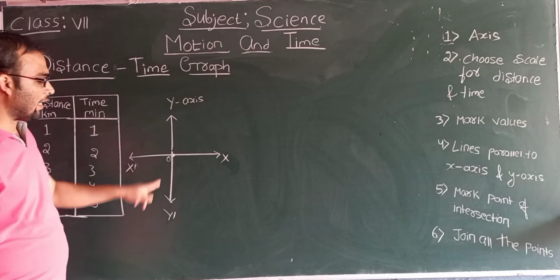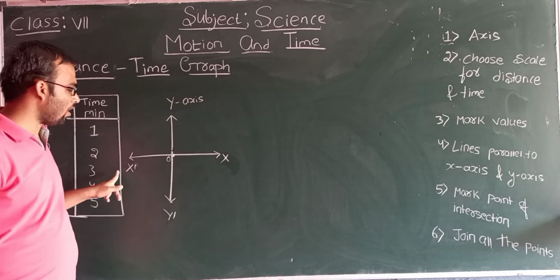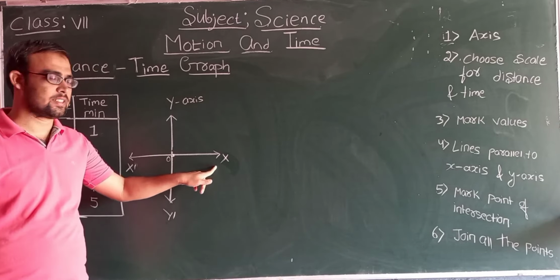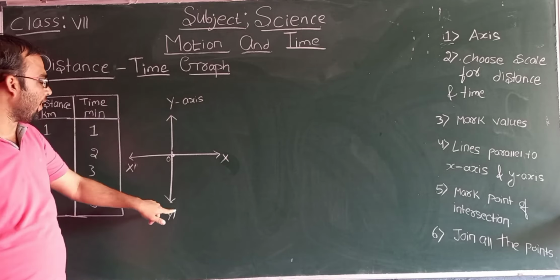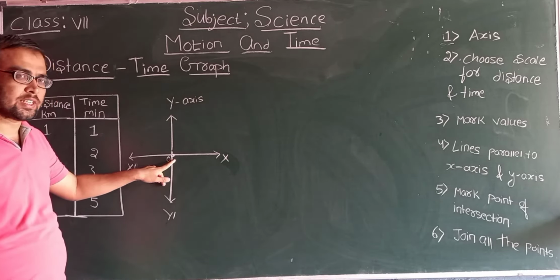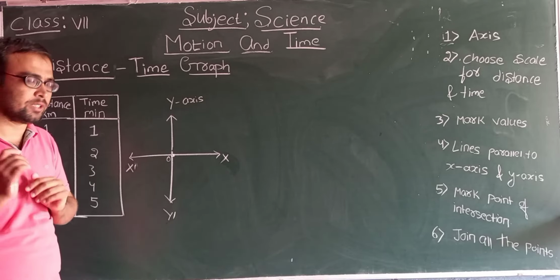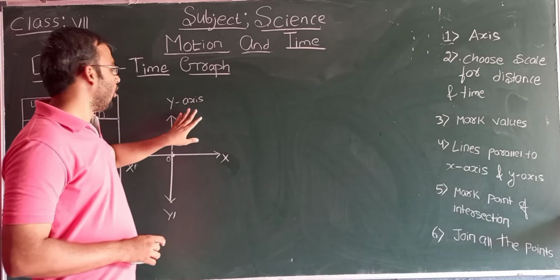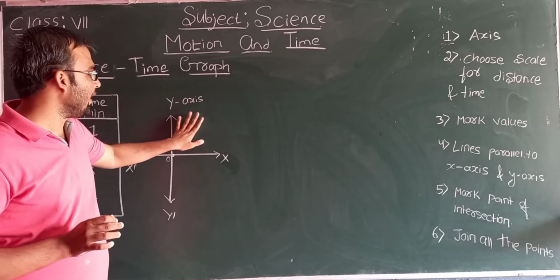Vertical line is the Y axis, horizontal line is the X axis. The point of intersection is also called the origin.